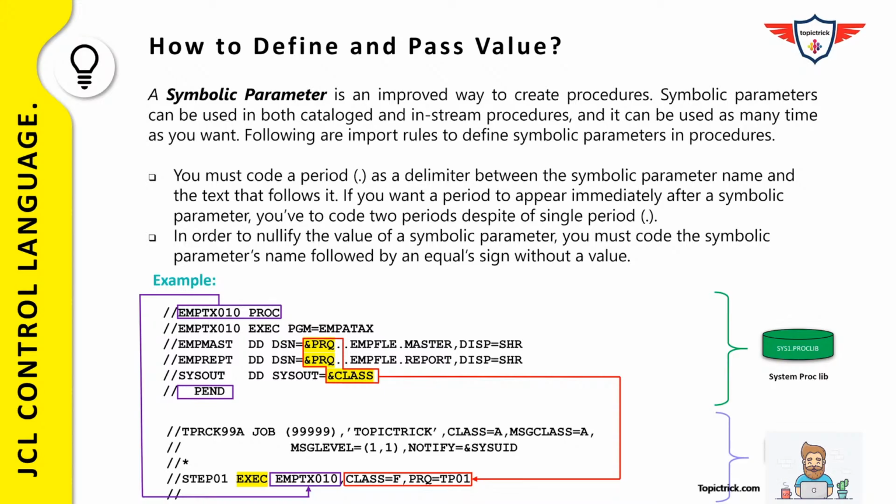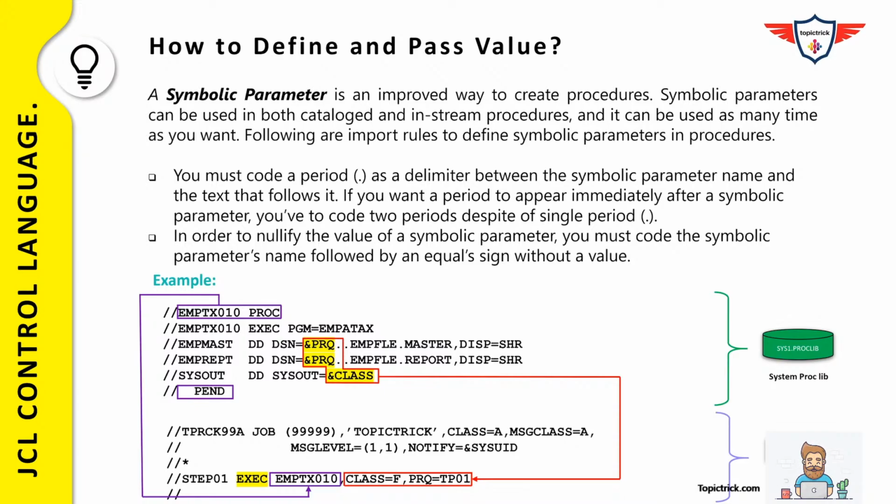If you look at the sample JCL given underneath, there's STEP01, which is an EXEC statement invoking the catalog procedure EMPTX010. After the name of the catalog procedure, you have a comma followed by the values that I want to pass to these two symbolic parameters. I've passed the value of CLASS as F, and the value of the PRQ symbolic parameter is TP01.